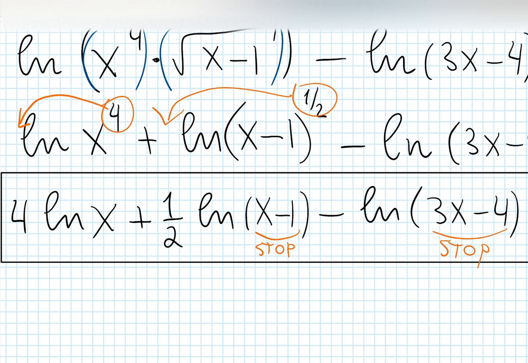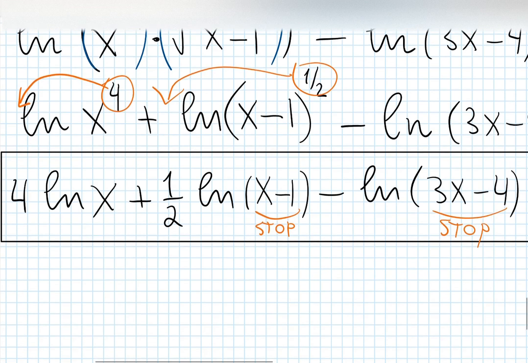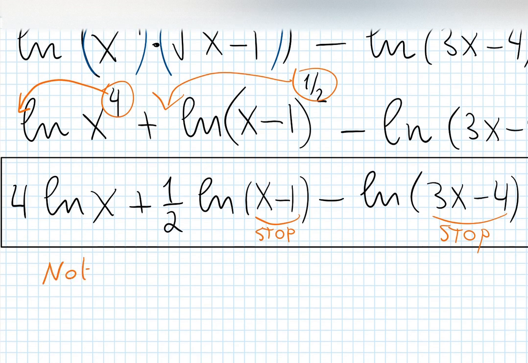So don't touch that. x minus 1 or 3x minus 4 doesn't do anything here. So just to make sure you understand this, note: ln of x plus or minus y, there's no formula for that. We don't really do anything with that, because it's already simple enough. Why would you bother with that?